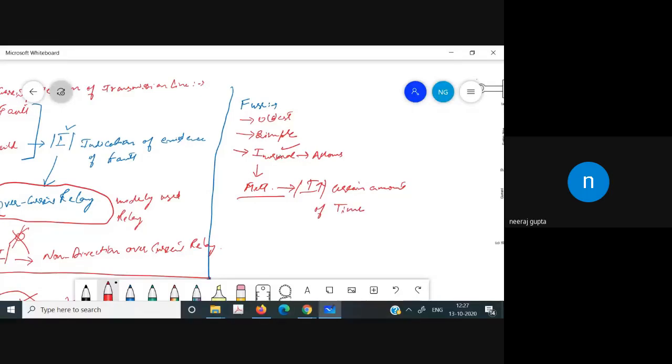So you can say that it combines the functions of sensing, comparing, and interrupting.